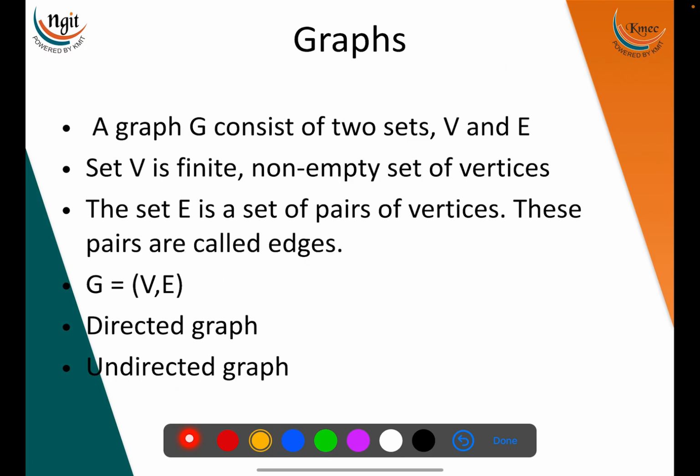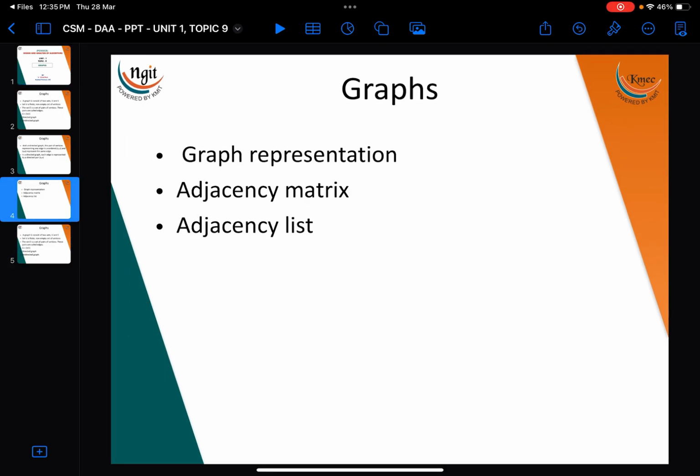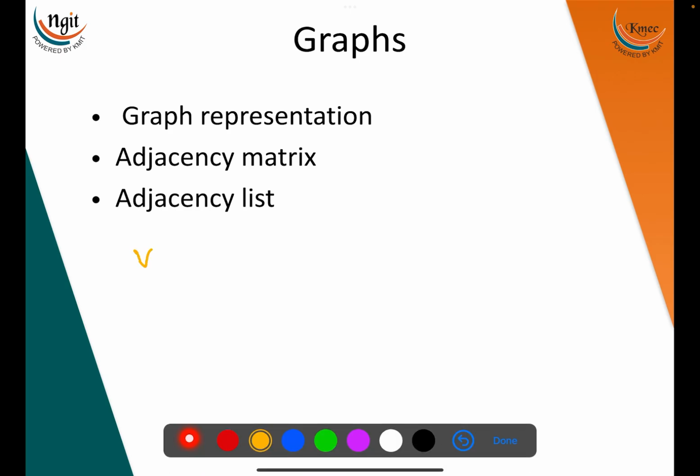So this is about graphs, and I told you something about adjacency matrix and adjacency list. So let's see what is adjacency matrix. I think you might have understood this. V of G1 is the vertices in the graph, 1, 2, 3, 4.